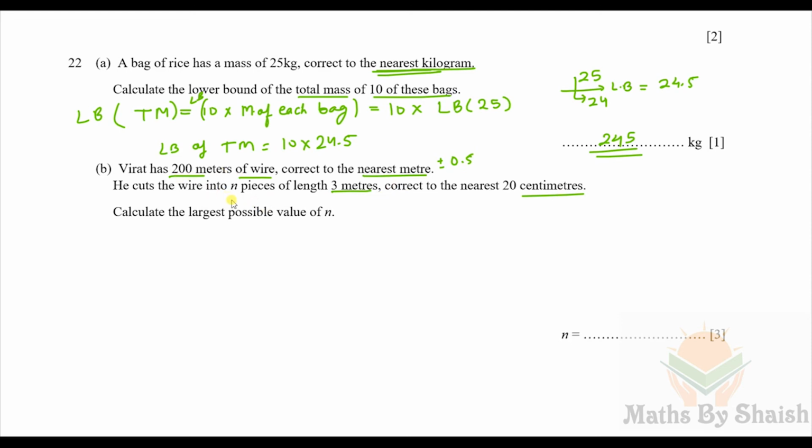So first of all, we will write this scenario. The total length is n into the length of each piece, because n pieces are there. So n would be total length upon length of each piece.